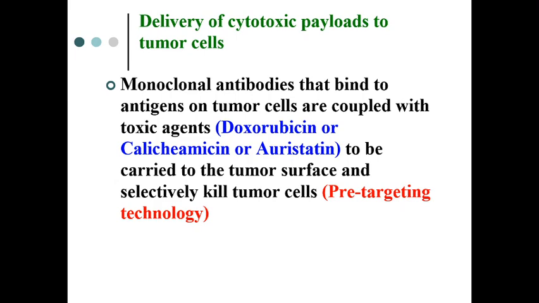Whichever monoclonal antibody is conjugated to these toxic drugs, doxorubicin, calicheamicin, or statin, will help in killing the tumor cells specifically, and normal cell killing does not take place because they deliver the drug at the tumor site onto the tumor cells, which is called targeted therapy.